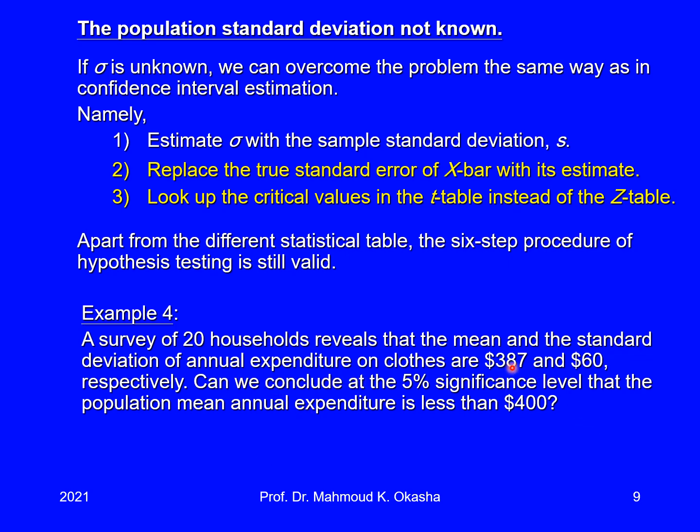That means the mu is... no, not mu, it is X bar, because the survey of 20 households gives an X bar of 387 and s of 60 respectively.